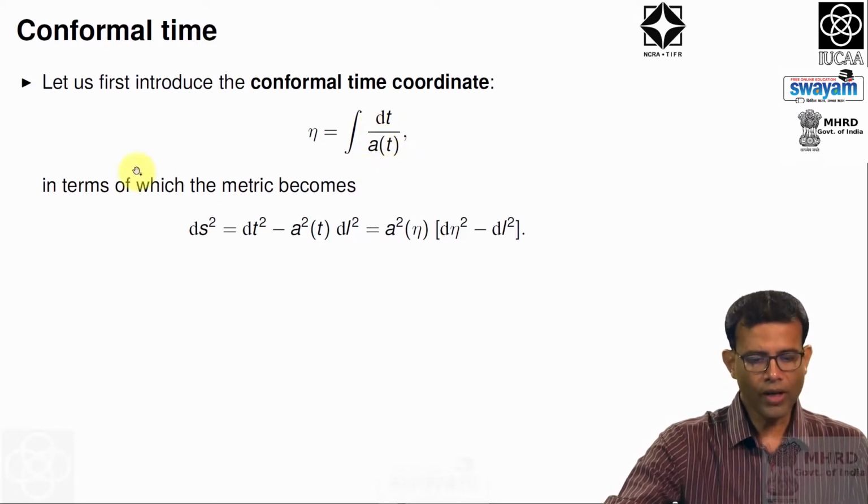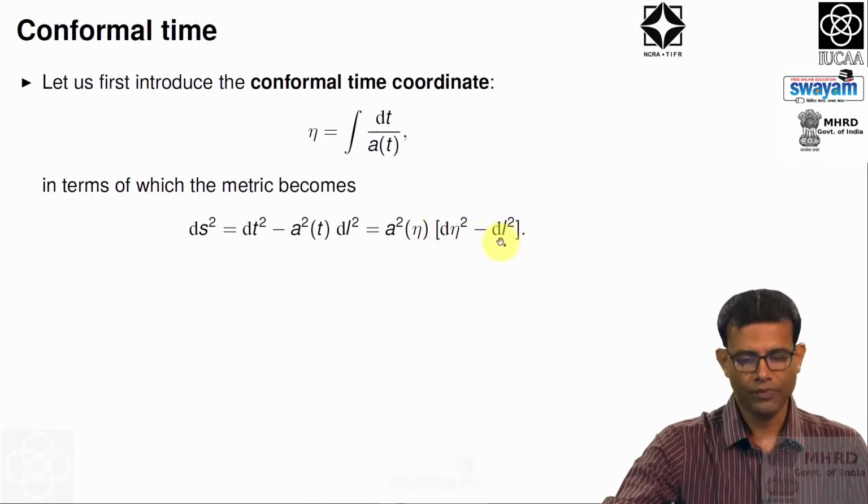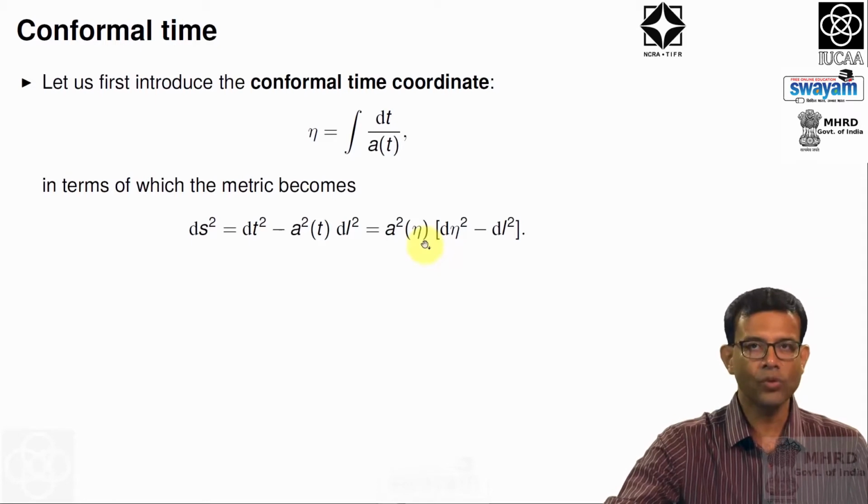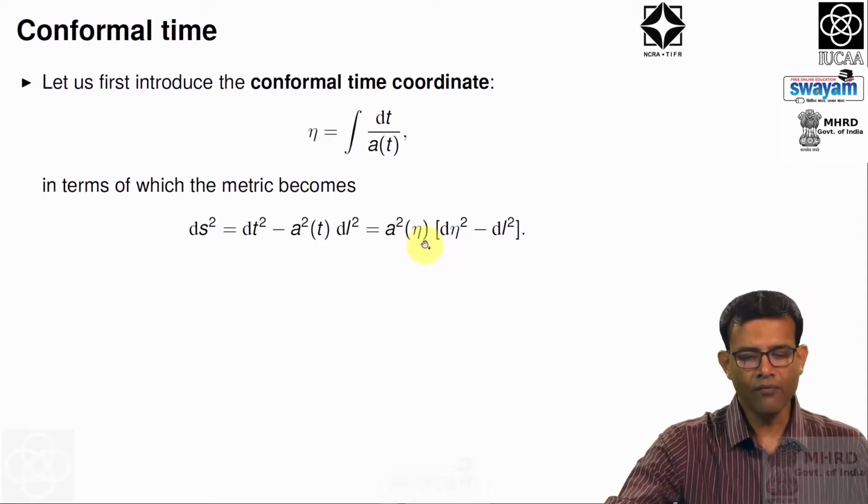Now, if I want to write the metric in terms of the conformal time, what happens is this: the metric is a square, which now has become a function of eta, times d eta square minus dl square, the spatial part. So, you can see it has taken a somewhat different form, in the sense the a square is sitting in front of the rest of the metric.